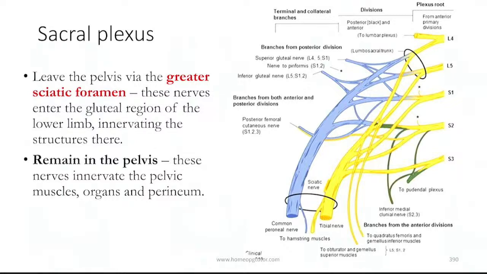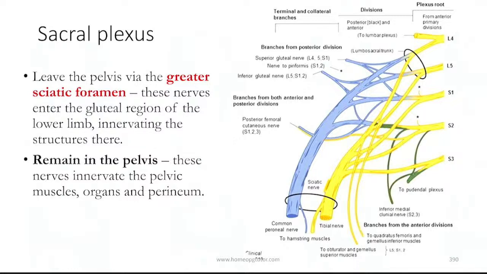So greater sciatic foramen is the foramen from where this sacral plexus leaves the pelvis, and this plexus enters the gluteal region. Okay, and this is the major nerve supply of the gluteal muscles and also the pelvis.